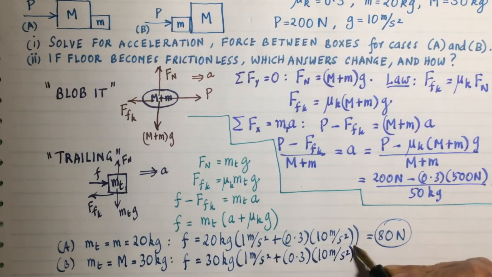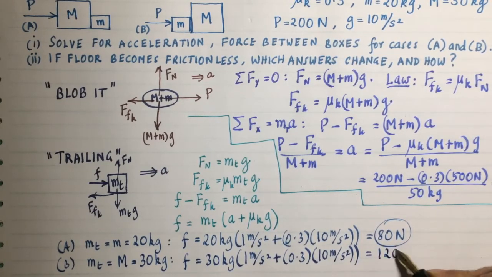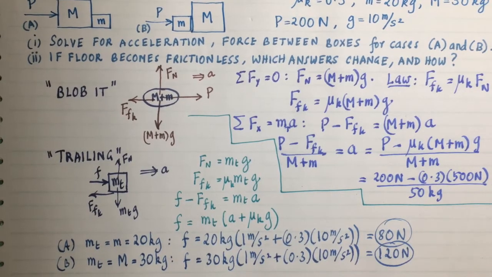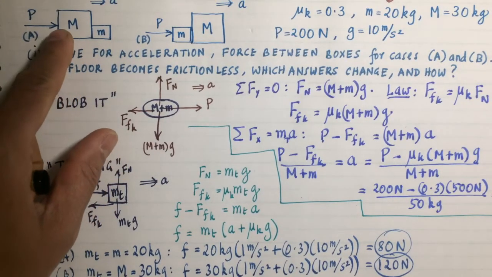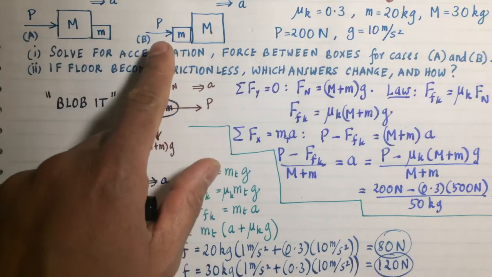So this is going to be 120 newtons. So you can clearly see that pushing the smaller object is going to create a bigger force. If you are pushing, let's say, a refrigerator and a TV, you would much rather have the refrigerator push the TV rather than the TV push the refrigerator.